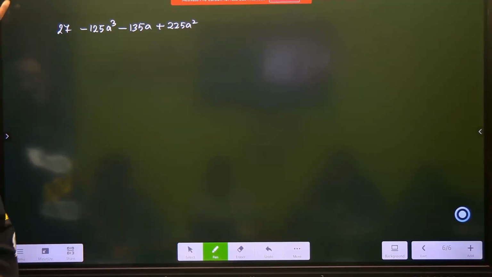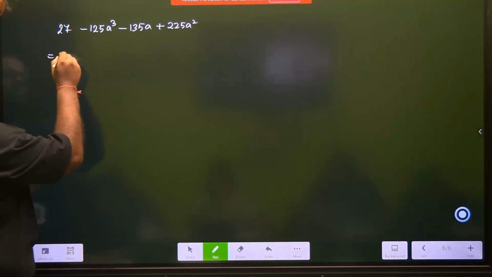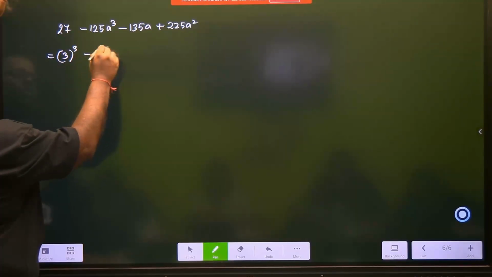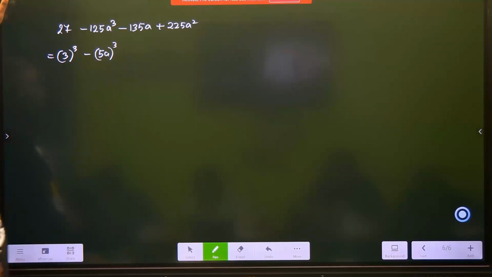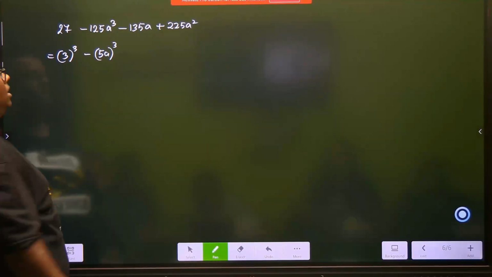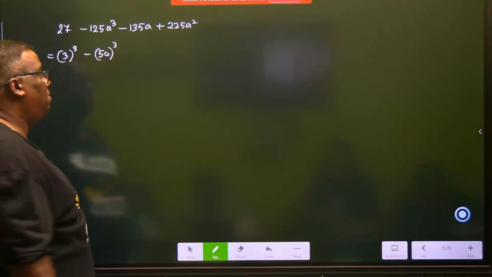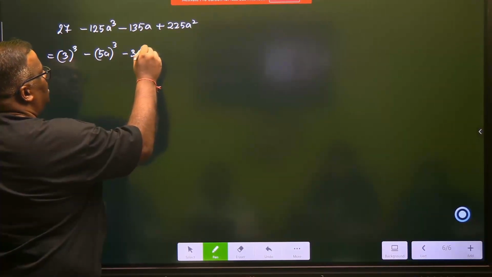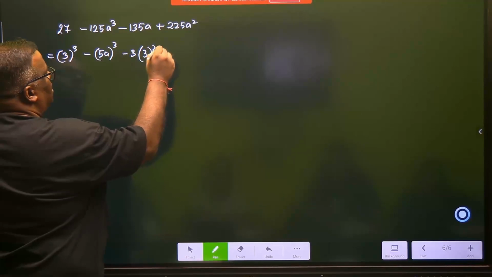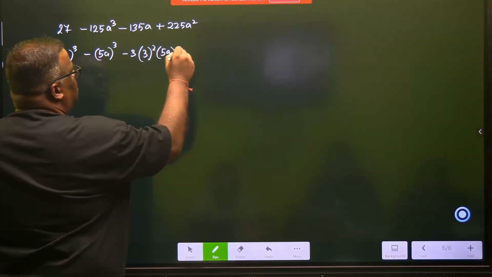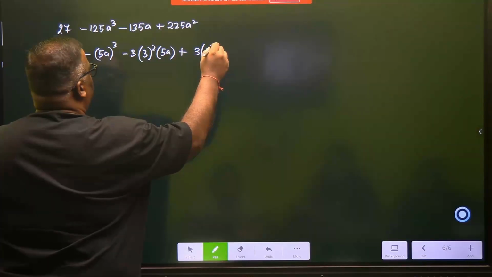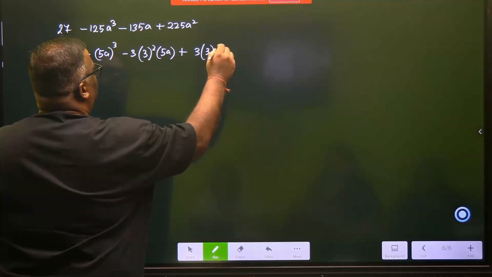So 27 is 3 cube, minus 5a whole cube. A cube minus b cube. We now need to break it down. A cube minus b cube minus 3a square b plus 3ab square.